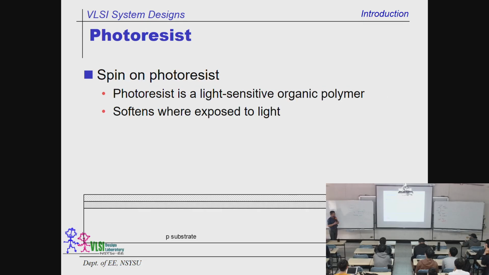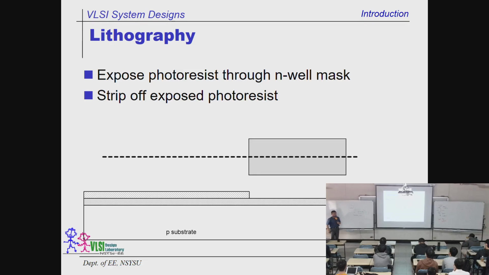On top of that, we deposit a material called photoresist. Photoresist is a very light-sensitive organic polymer, so the material engineer is important in that business. It will soften where it is exposed to light, so we can dig a hole like this. This is the way we like it. That is a top view, a bird's eye view, and this is a side view of what happened.